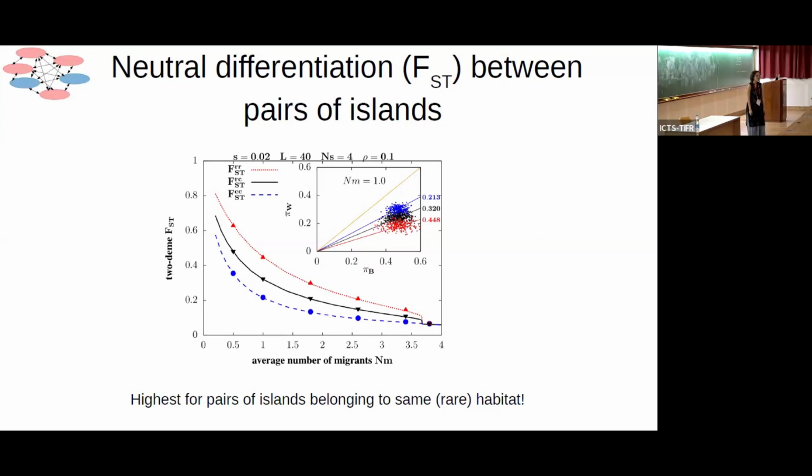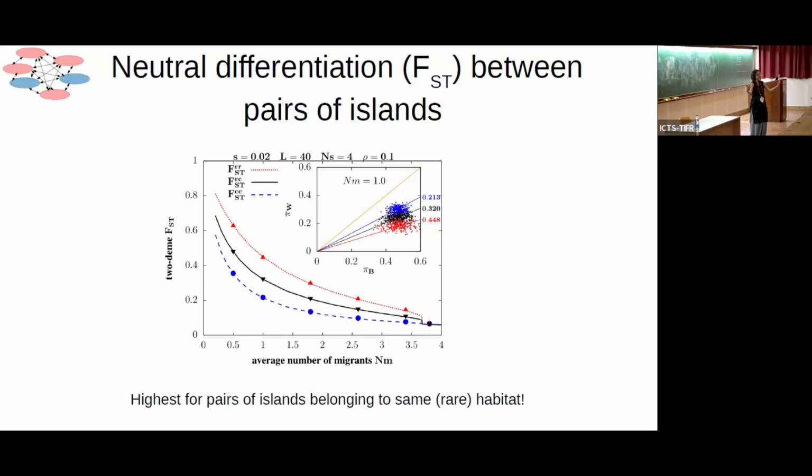But the reason one has lower diversity within populations in this example is not because of background selection or sweeps, but it's actually because of local adaptation. If you have a rare niche, most migrants coming into this rare niche come from the other habitat.